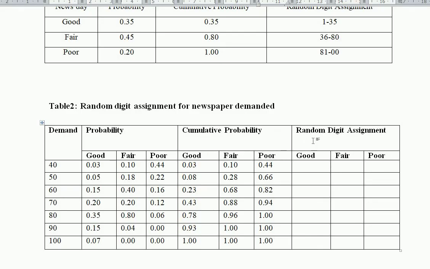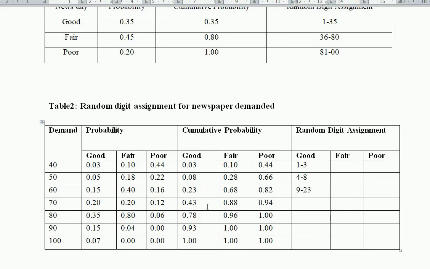Next is the random digit assignment. Random digit assignment for the good day: that is from 1 to 3. Again, this is from 4 to 8. Then we have the value 23, so the next range is 9 to 23.